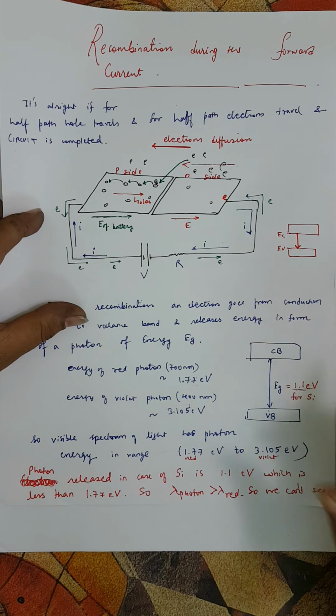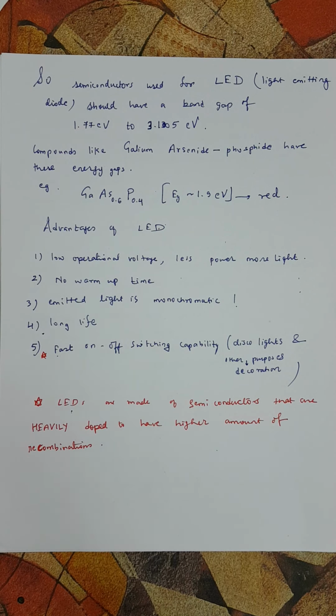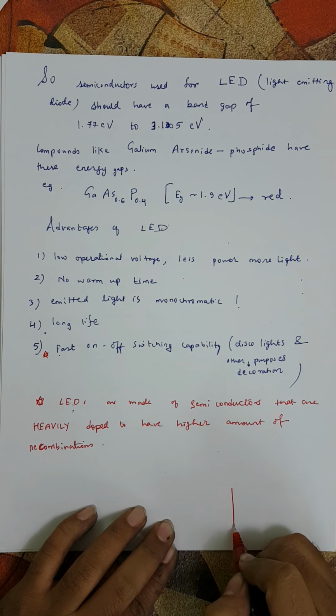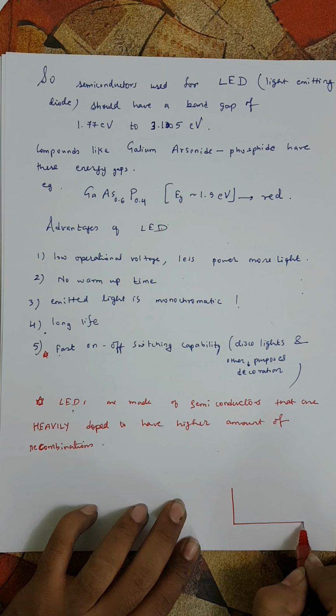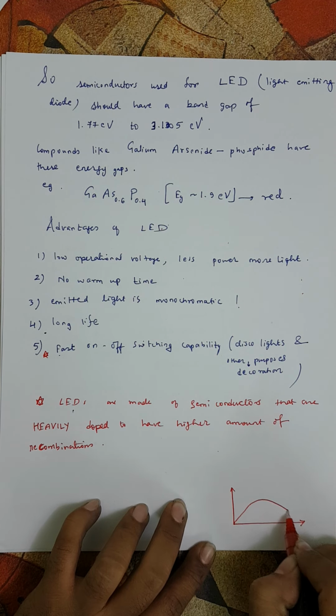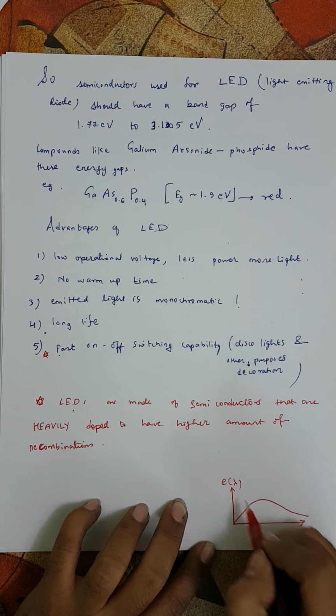of one single value. Whereas when the filament gets heated up, the black body radiation will emit light of so many wavelengths. In fact, if you remember, Planck's theory, you may remember this E lambda versus lambda graph, and then there will be this lambda max here.